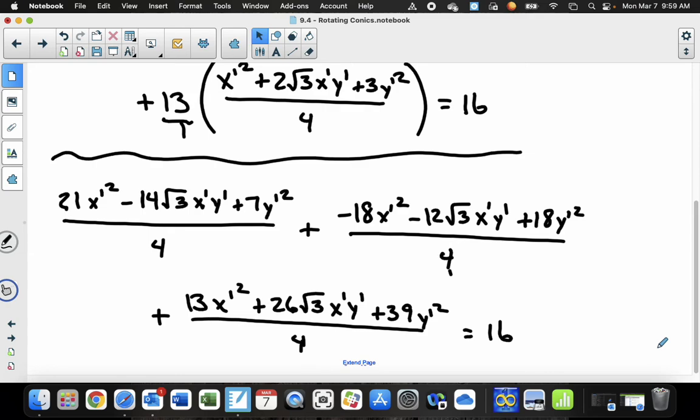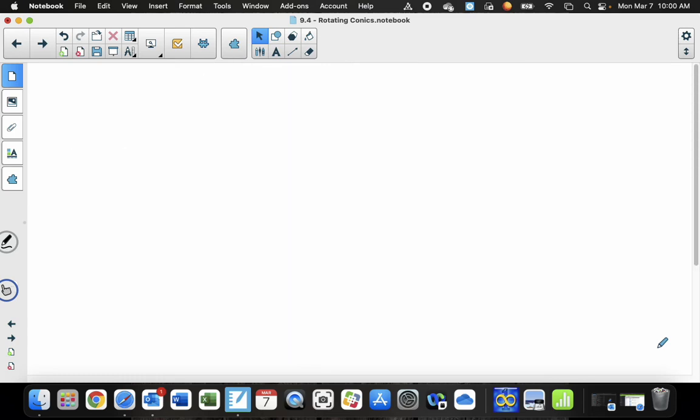What happens when you multiply everything by 4? The 4 goes away. You're just left with your numerators. So you're not actually doing anything really. The 4s just go away. So if we multiply everything by 4, here's what you get. Here's your numerators, with the 4s being gone now. No denominator anymore.